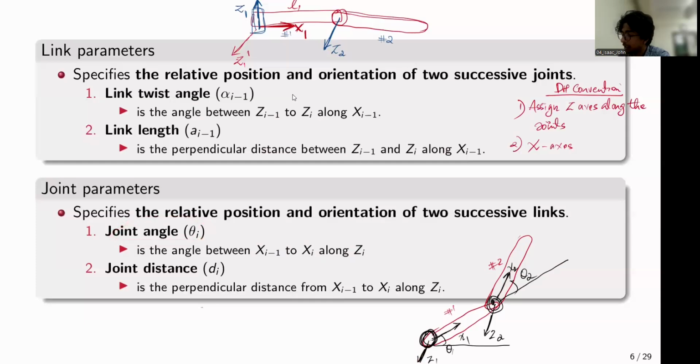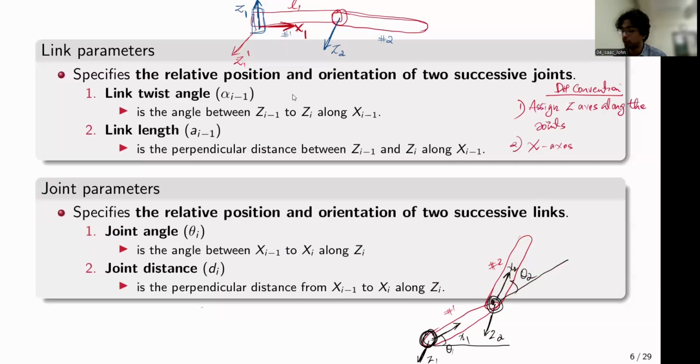Because this theta2, depending on the orientation of this link, can keep on changing, right? Because as that link rotates, theta2 can basically change. What this joint angle theta conveys is the relative orientation between xi minus 1, that is this axis, and xi, that is this axis, about zi, that is going to be z2. So the relative angle is going to be theta2.